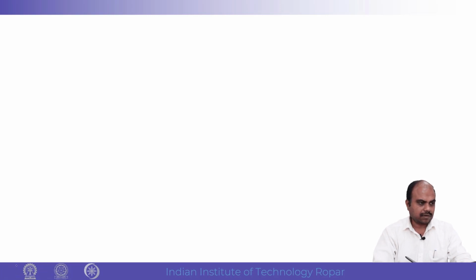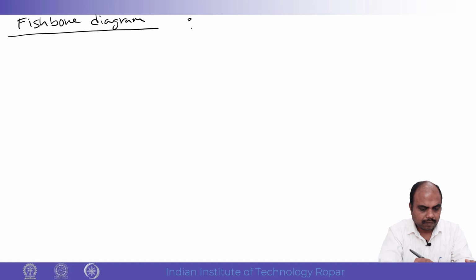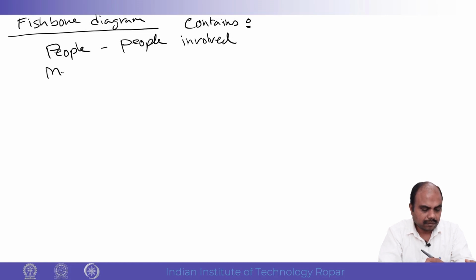Now the constituents of it. What does this contain? One is people, the people involved. Then methods.